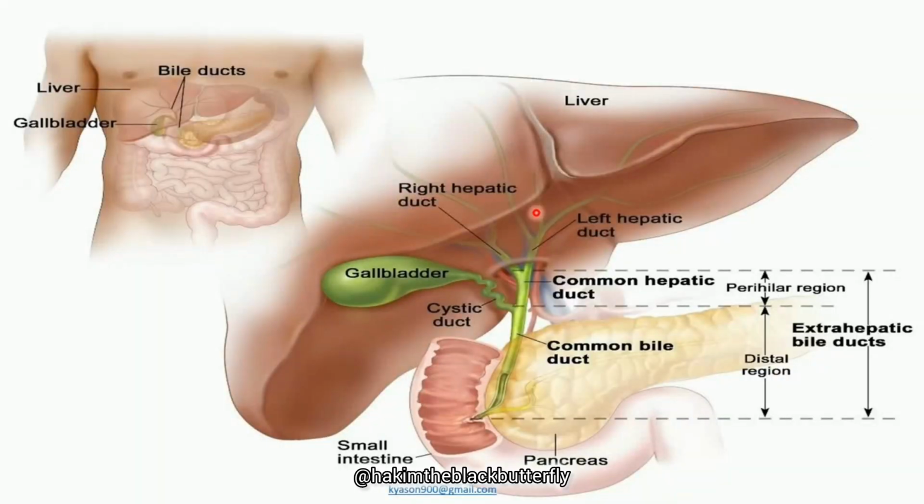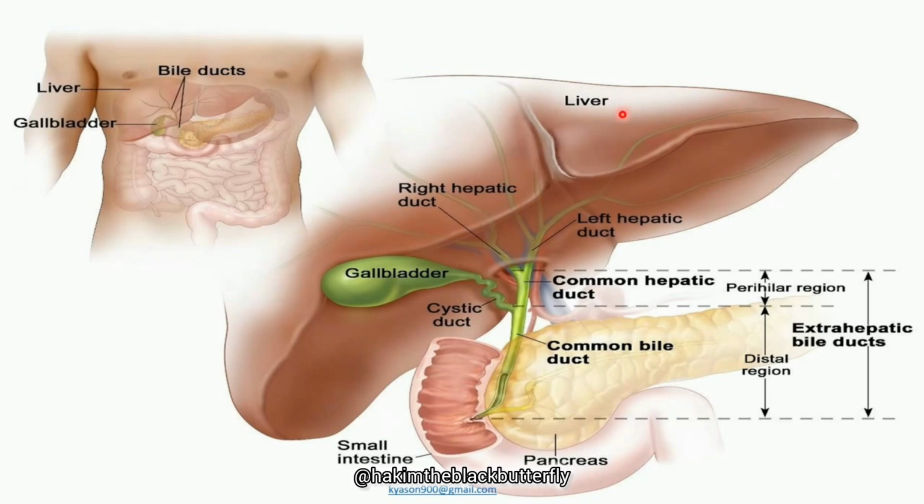We can see in this picture that, as I said, within your liver, from the right physiological lobe, there are small bile ducts that are going to be collecting bile from the respective lobules. And from the right, of course, all those small ducts, or what we call ductules, are going to join to form the right hepatic duct.